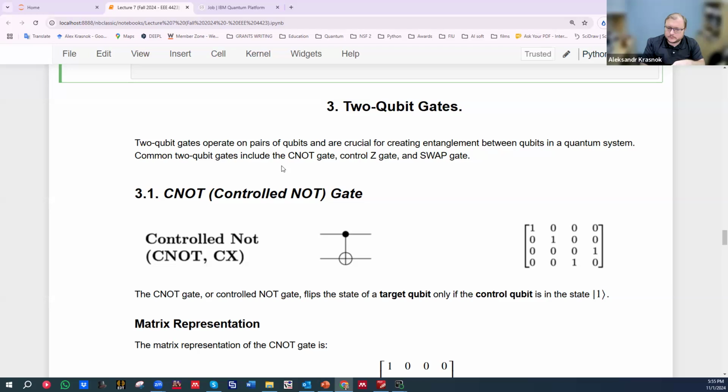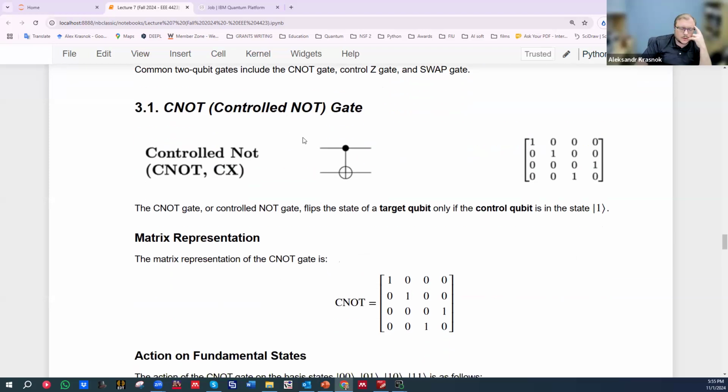It means that the result of their operation depends on the state of two qubits. Instead of one qubit as it was for single-qubit gates, now the result depends on the state of two qubits. Okay.